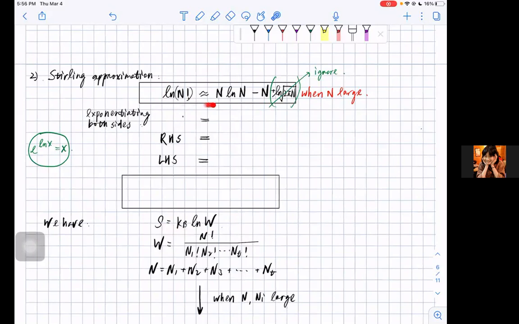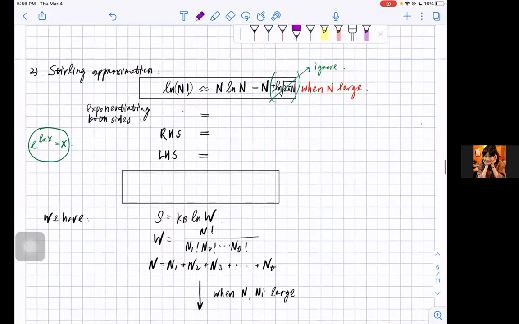So the approximation is basically like this. If I want to exponentiate both sides, it will give me the left-hand side, which is really just n factorial, and the right-hand side, we can write it as a division. Notice you will have the same exponential term.